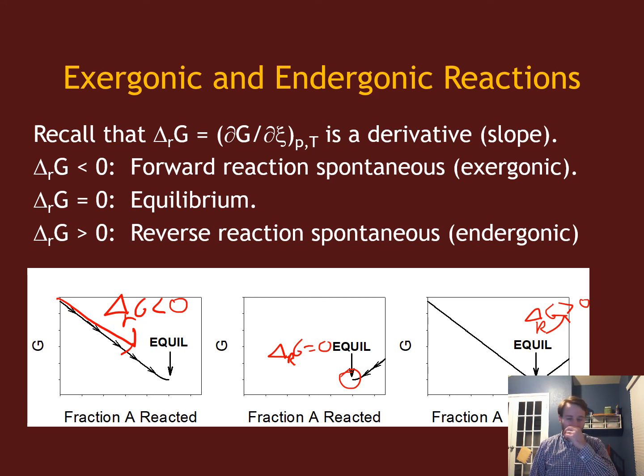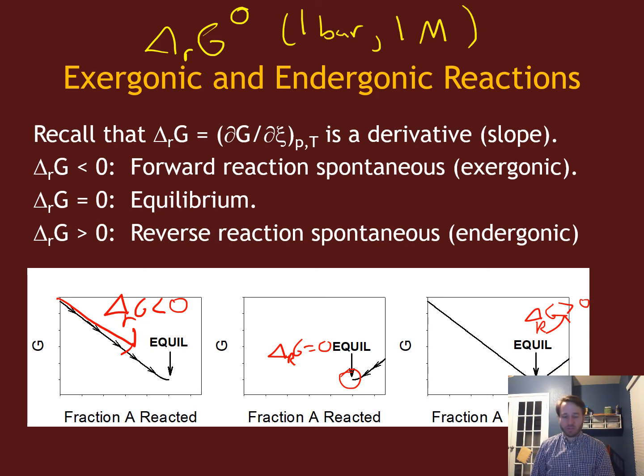Because what we typically talk about in chemistry for free energy changes of a reaction is this delta G of the reaction naught at standard temperature and pressure conditions, where the composition is fixed at 1 bar, 1 molar concentrations of your reactants and products, which is not necessarily the equilibrium composition. At equilibrium, you're not necessarily going to have 1 bar, 1 molar of everything.